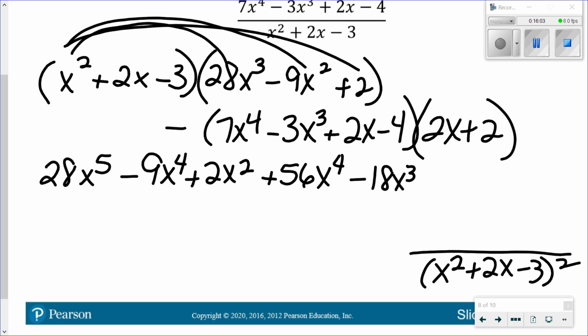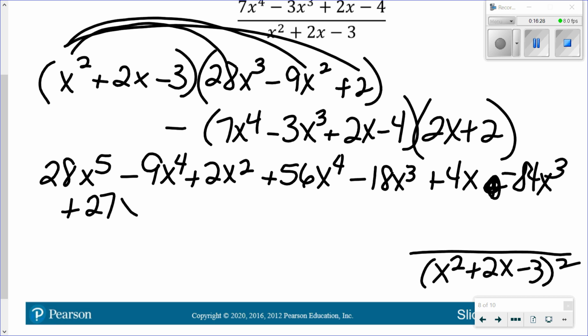My 18x cubed plus 4x plus, let's start with the 3. And I have 3, 28. So I have, oops, that should not be a plus, that should be minus 84x cubed. Go into the next line, plus 27x squared minus 6. All right, all of that was just those two.